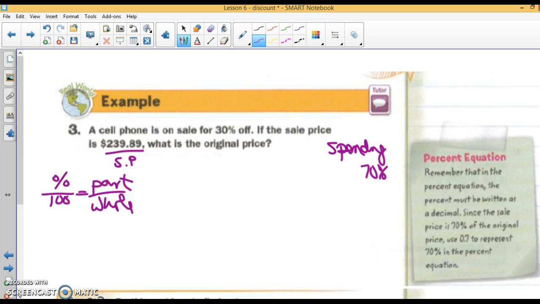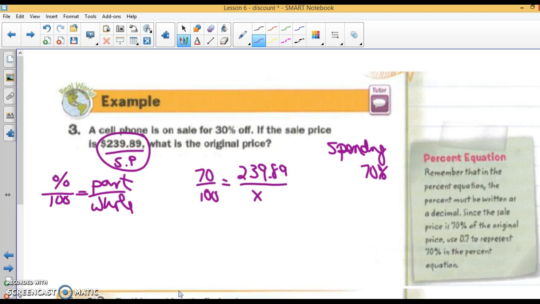So, doesn't this sale price right here represent 70%? So, my percent is 70 over 100 equals the part. Isn't the sale price the part? So, $239.89 out of the whole is the original. We don't know what that is.